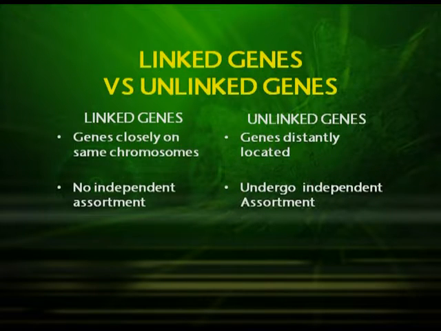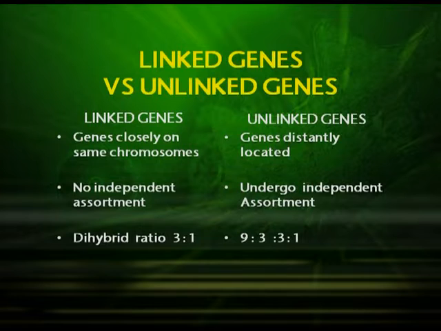Another very important difference is that in the case of linked genes, the dihybrid ratio is 3:1. On the other hand, in unlinked genes, the ratio becomes 9:3:3:1. The test cross ratio in the case of linked genes is 1:1.